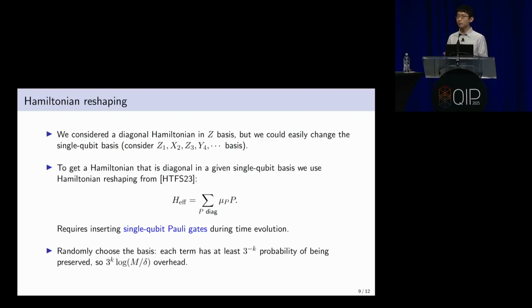Each term, because it is k-local and involves at most k qubits, will be covered with probability at least 3 to the minus k. If we want to cover all the terms, we just do 3 to the k times log(m/delta) rounds, and everything will be covered with probability 1 minus delta. So this only introduces a very mild overhead.